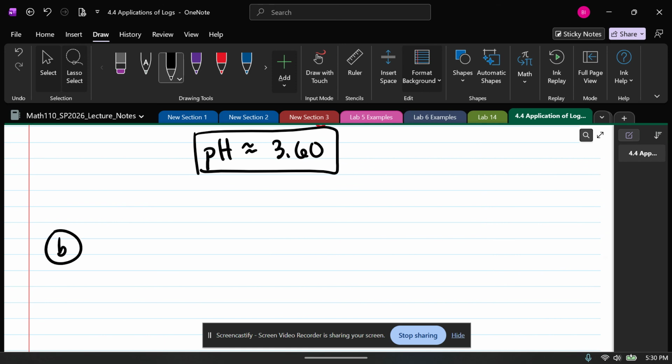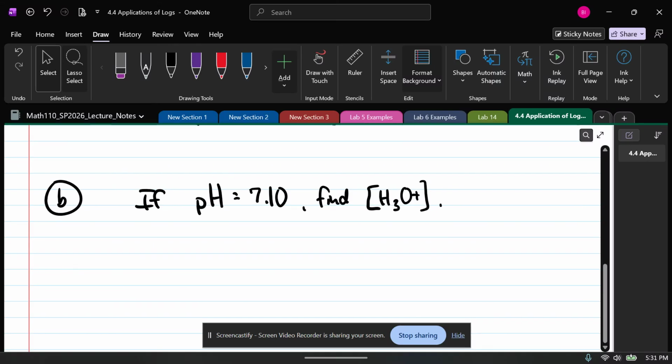All right. Now, let's take a different scenario. On that one, they gave us the ion amount. Let's say the pH is 7.1, find the concentration of the H3O plus ion.